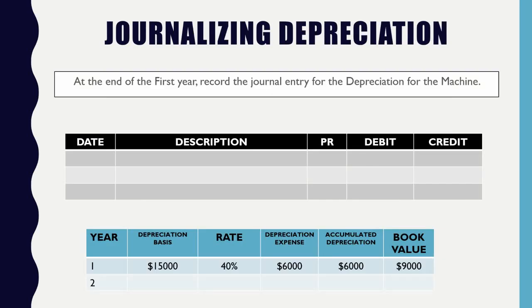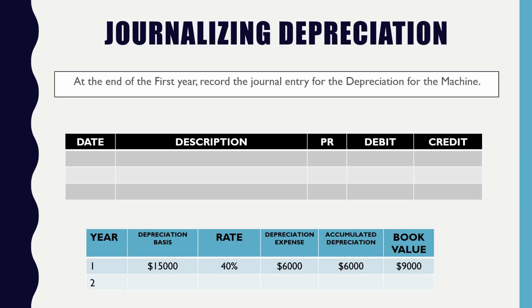Once again, we're going to talk about how you're going to use this information to journalize this transaction. In this case, the journal will look identical. The only difference is the way that you calculate it.